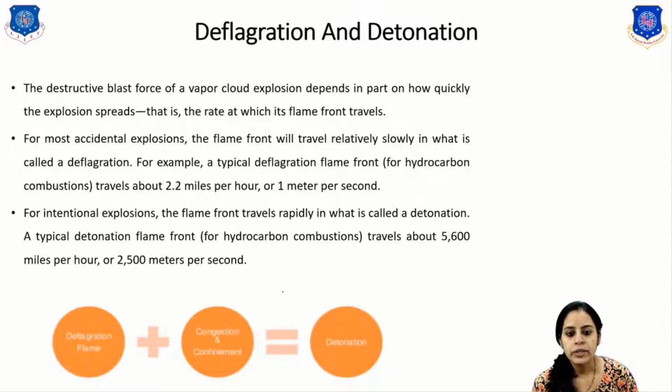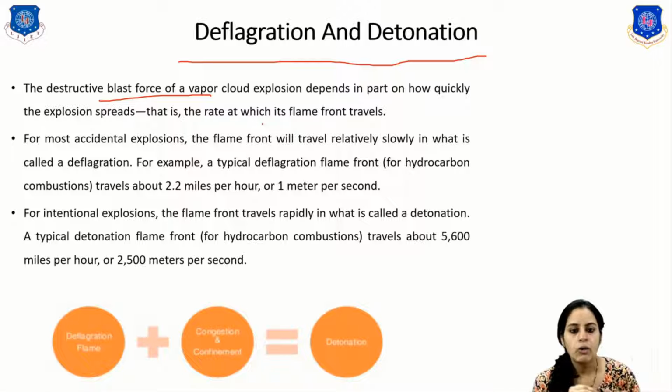Now, the main difference between deflagration and detonation is that the destructive blast force of a vapor cloud explosion depends in part on how quickly the explosion spreads, that is, the rate at which its flame front travels, right? In most accidental explosions, the flame front travels relatively slowly in what is called a deflagration.